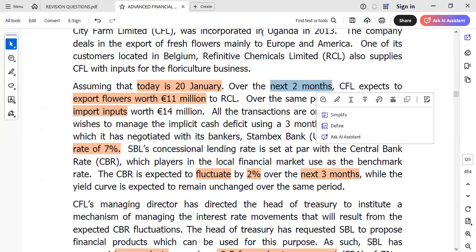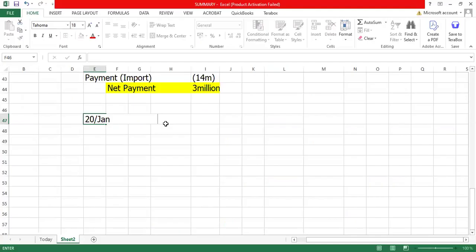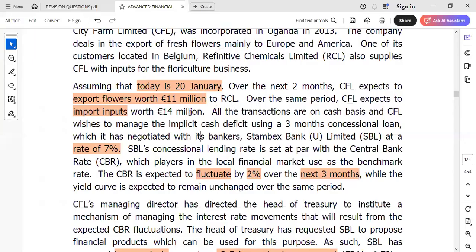So if we add the next 2 months, that will be Feb, March. Let me just say 31st March. Then you expect on this 31st March, you want to borrow using a 3-month concession. So it means that here you are going to borrow and make a payment in 3 months.